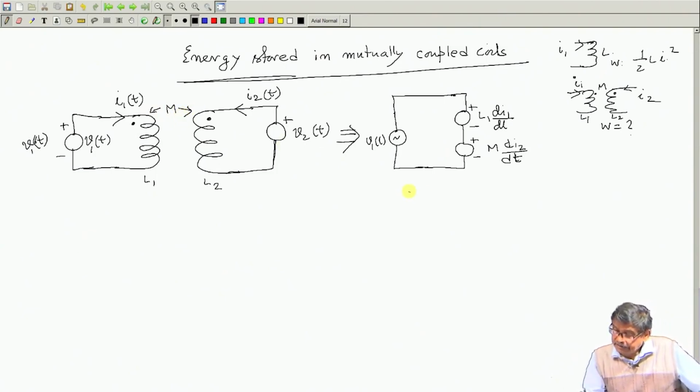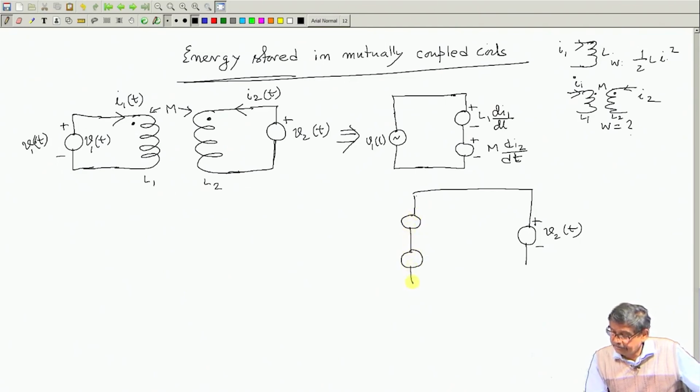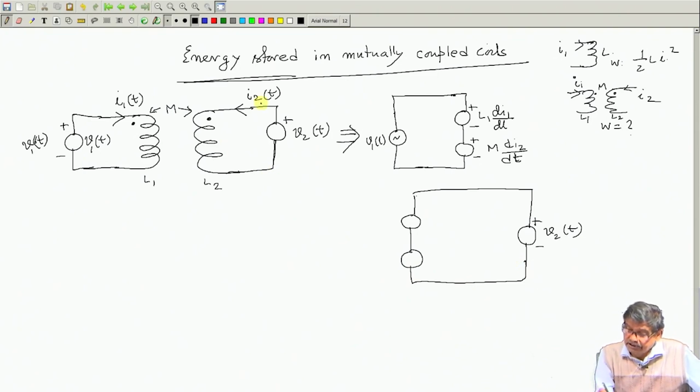Similarly, in the second coil, the voltage applied is V2(t) with this polarity, and you have two sources of EMF in series. One, obviously, as I2 is entering, is L2 dI2/dt with this plus and this minus. Why? Because I2 is assumed like that, mind you, this is I1.